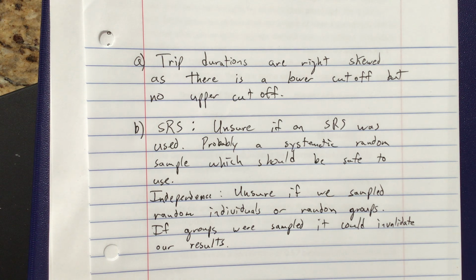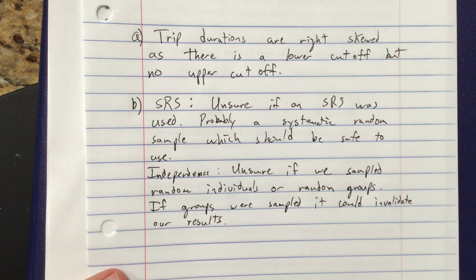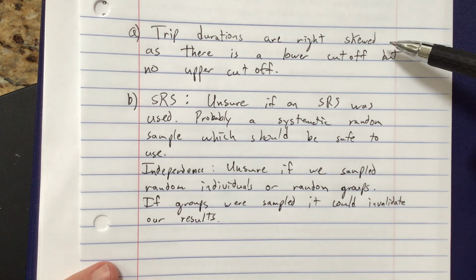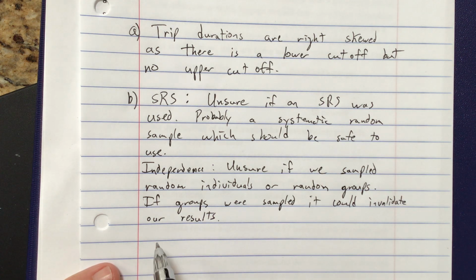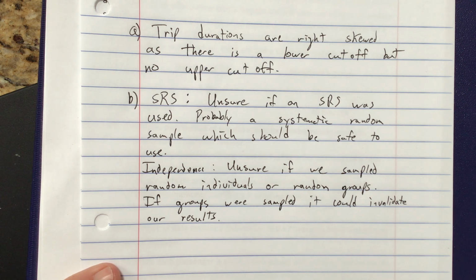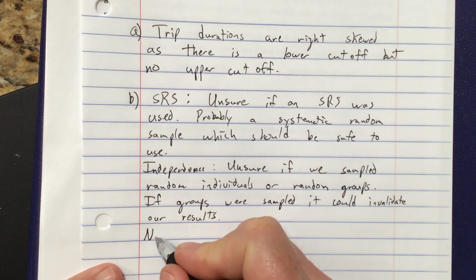Okay, and of course, the final requirement, we need normality. And again, here's the spot where a lot of students get tripped up, right? On letter A, we said trip durations, they're not normal. But if we're talking about now the mean trip duration with a sample size of 5,400 passengers, we now do have normality because the central limit theorem says the sampling distributions of sample means will be approximately normal when n is large enough, and 5,400 is certainly large enough. So we're good there.